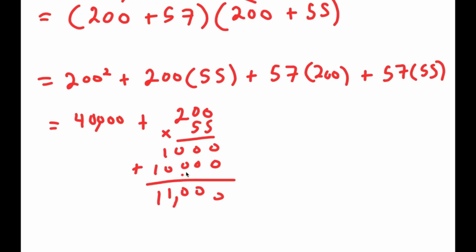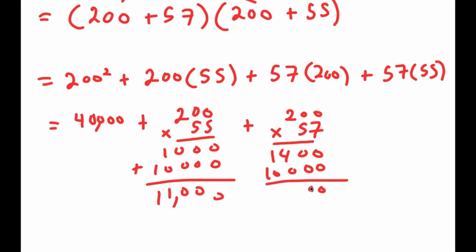So I get 11,000. Plus now 57 times 200, I'm going to do the same thing, 0, 0, 7 times 2 is 14, 0, 0, 5 times 2 is 10, 4, 1, 1. So I have 11,400.